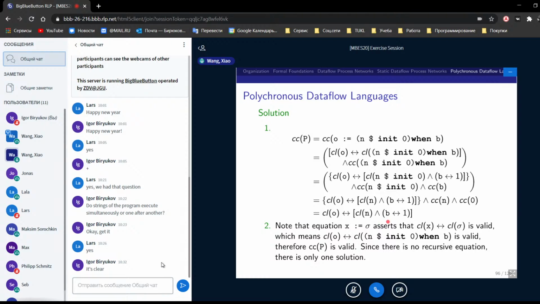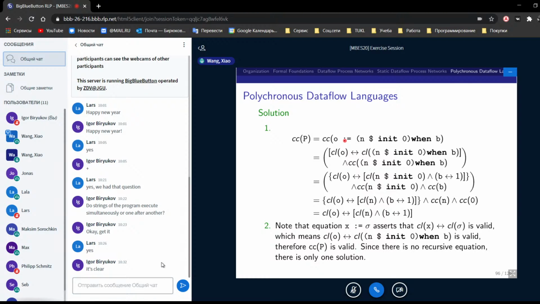So why? Here is the thing. Whenever you have this equation here, you can think of it also as a binary operator, just like plus or anything else.